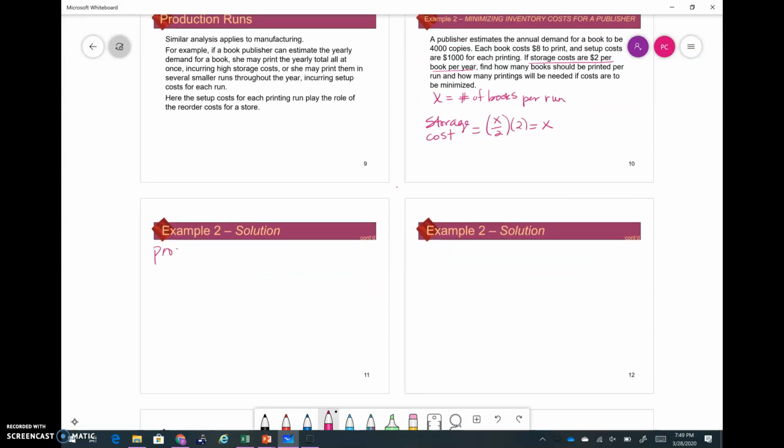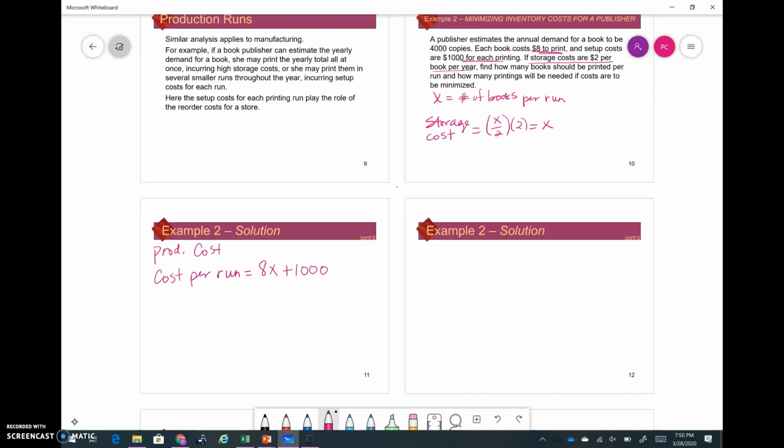So for production cost, we have the cost per run, which gives us $8 per book. If you look in sentence 2, it costs $8 to print and $1,000 for the setup. So 8x plus 1,000.